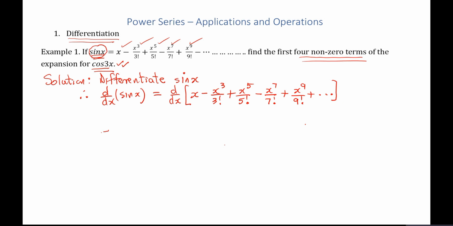Well, we know what the derivative of sine x is. The derivative of sine x is cos of x. And we know exactly how to differentiate a simple term containing x. So what is my derivative of x? That is 1. What is the derivative of x cubed? 3x squared.